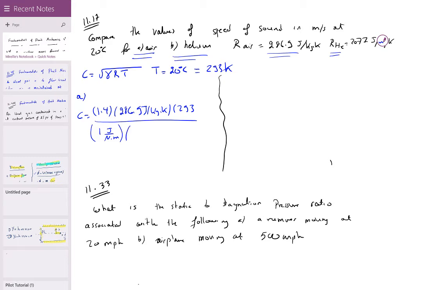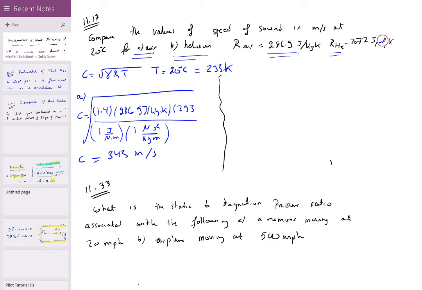To convert the whole thing to meters per second, I divide by 1 joule per Newton meter and multiply by 1 Newton second squared per kilogram meter, all under the square root. I'm going to have C equals 343 meters per second.